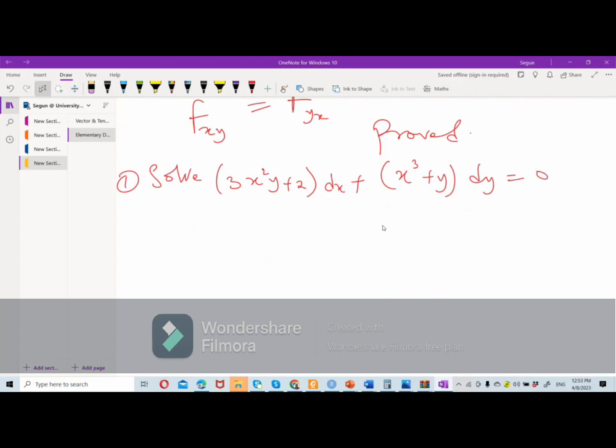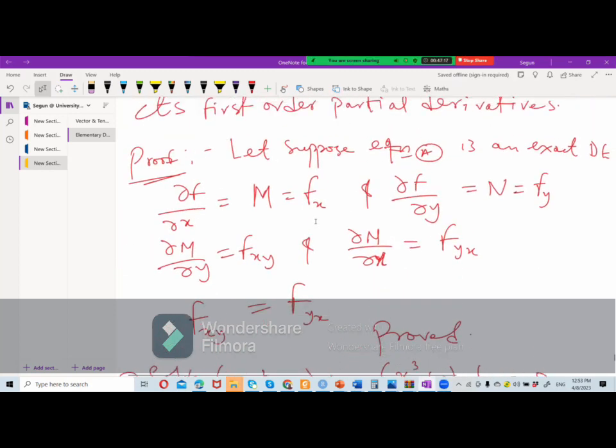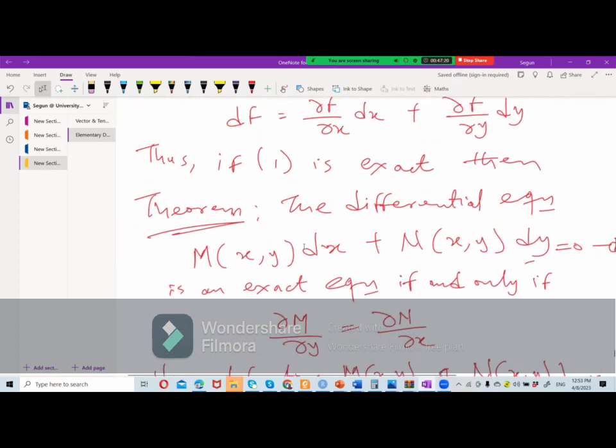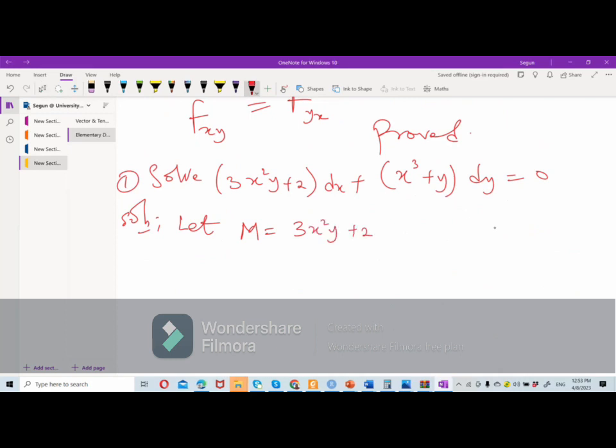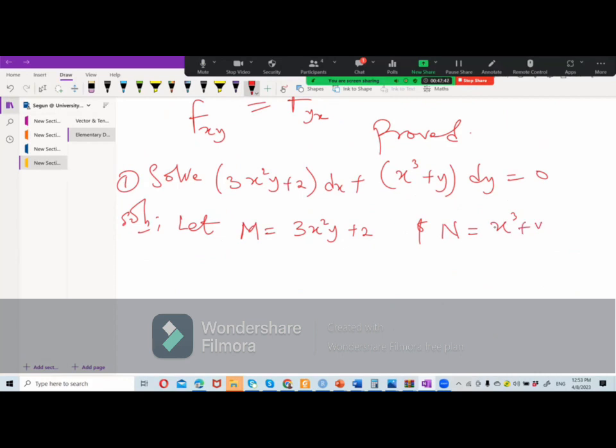We have to solve this problem. So you and I know from the general equation, look at equation 1: the first one is M, the second one is N. So I can boldly say the solution: let M = 3x²y + 2, and N = x³ + y.